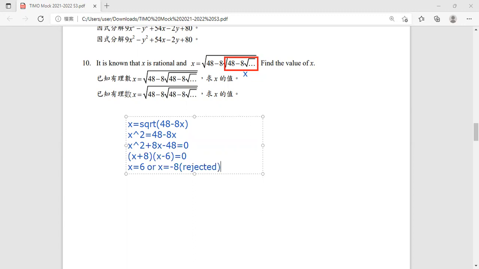Do you know why? Because I have a square root sign outside there, so x must be positive.